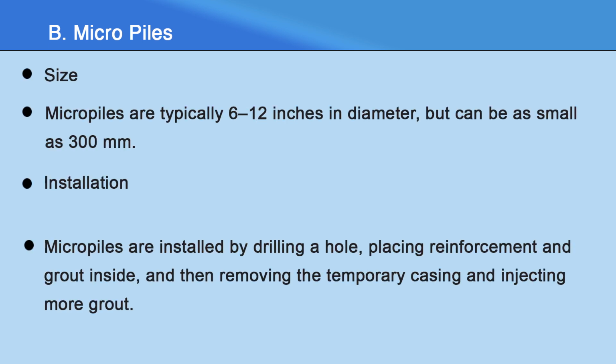Micropiles are 6 to 12 inches in diameter, but they can be as small as 300 mm also. Installation. The micropile is installed by drilling the holes, placing reinforcement and grout inside, and then removing the temporary casing and injecting more grout.